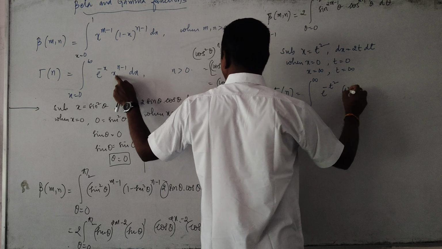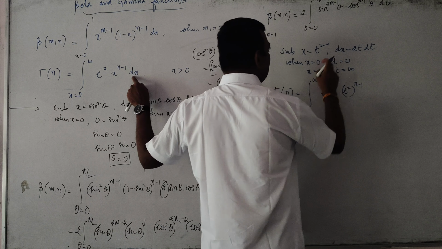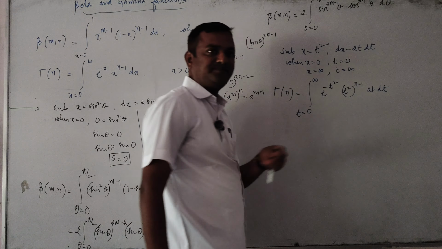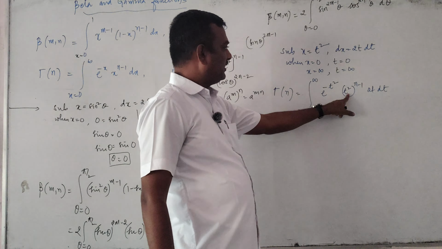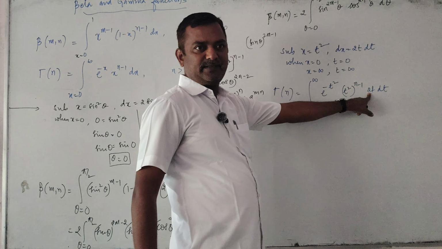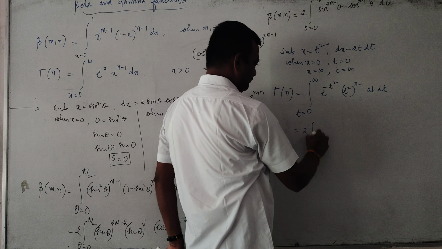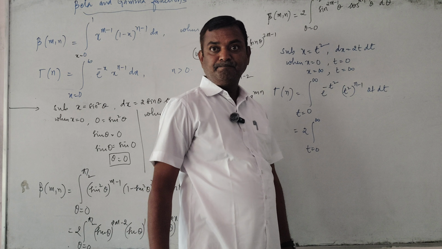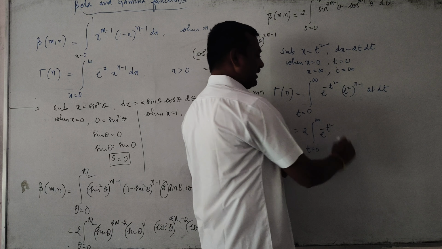The x value is (t square) whole raised to n minus 1. What is the value of dx? 2t into dt. We have substituted x equal to t square, dx is 2t dt. Fine. You take this 2 outside. T runs from 0 to infinity. Right? Okay. You keep e raised to minus t square as it is.